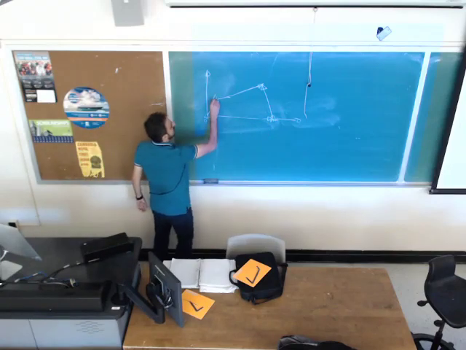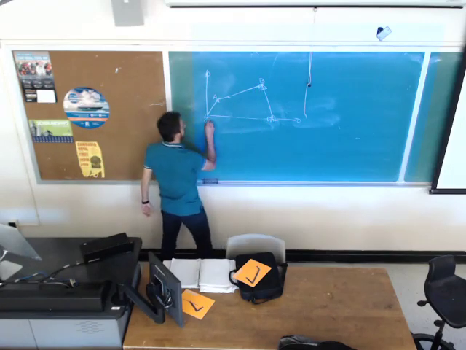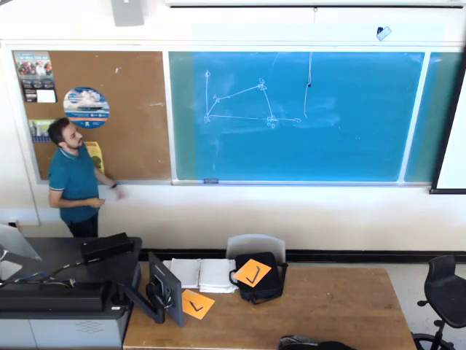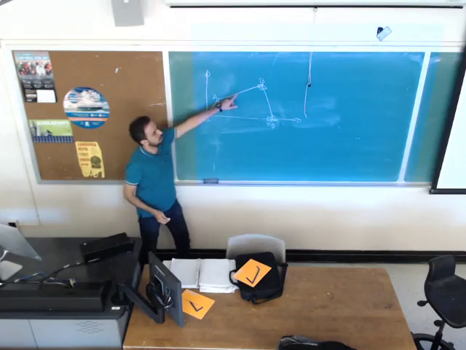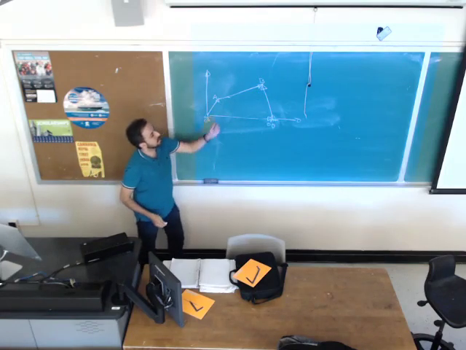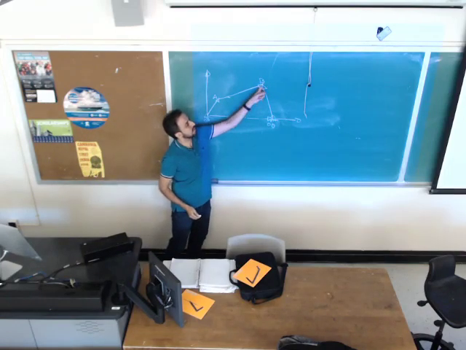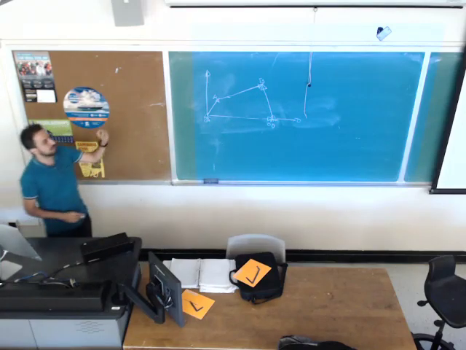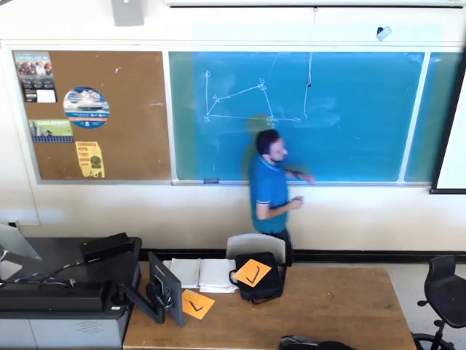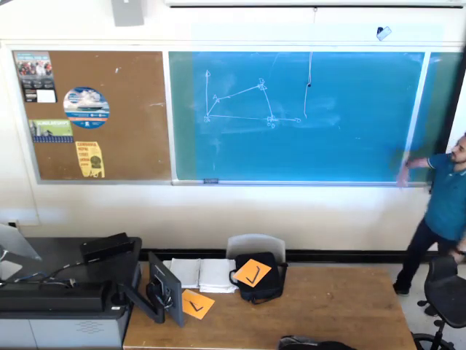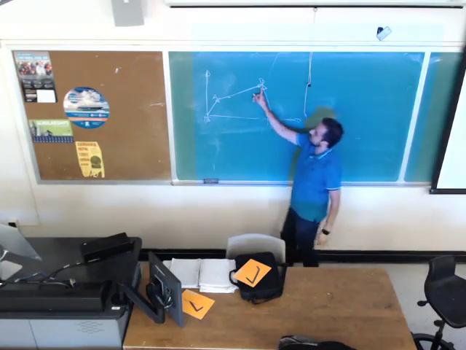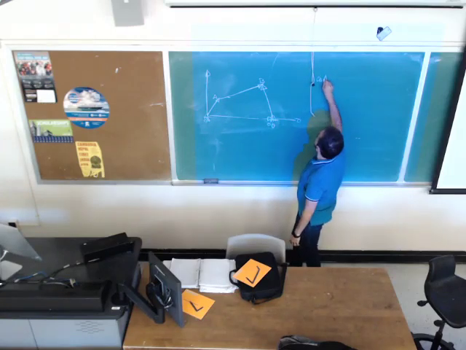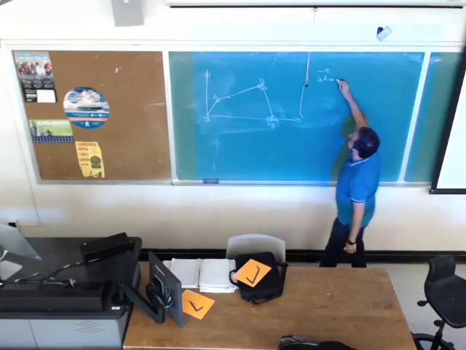So if this is O, A, B, look at the joint with 2 arrows ending at that. It's going to be joint P. And try to reach the point P through 2 different paths by adding up the vectors. So if I want to go to point P, I can write OA plus AB.